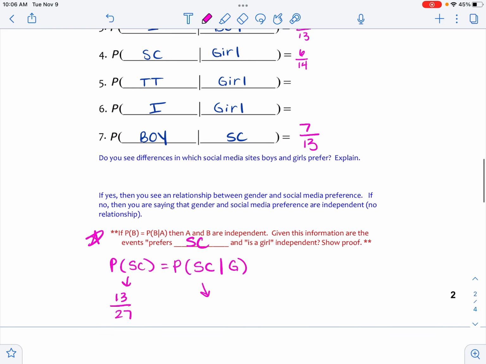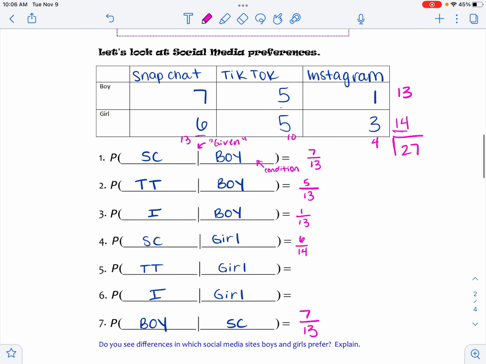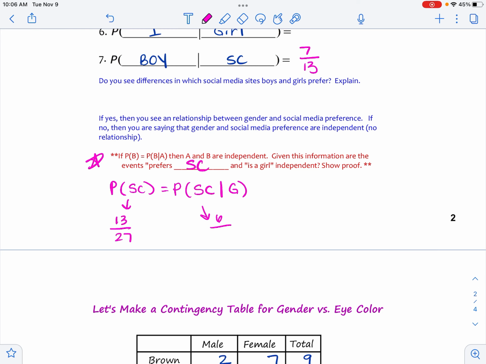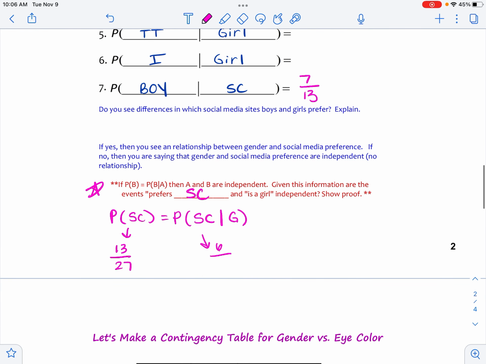Now, the probability you like Snapchat given you are a girl: well, here's Snapchat. Just out of the girls, 6 girls out of the 14 total prefer Snapchat. So this is 6 out of 14. Now, I can't really compare because I have 2 fractions, so this is where it's really helpful to get to the decimal, right? 13 divided by 27, I get 0.48.